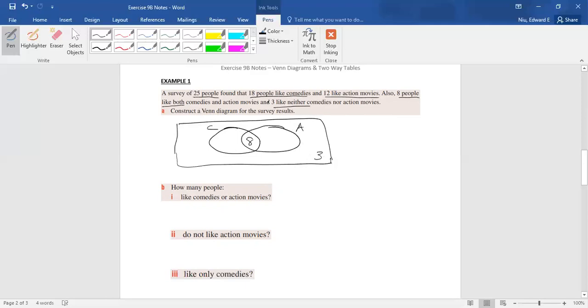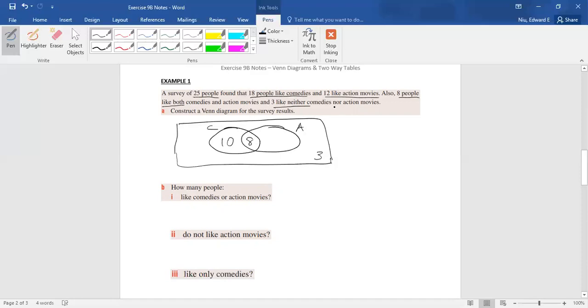What we then do is, well, because 18 people like comedies, that's the C circle combined. That's including the middle. So we have to go, well, 18 take away the middle number, that's going to get us 10. And that's how many people only like comedies. And there's 8 people who still like comedies, but also action movies. And that's how we combine to get our tally of 18 people that like comedies.